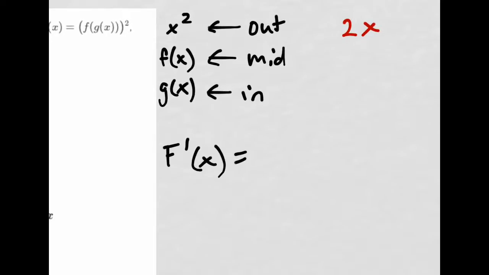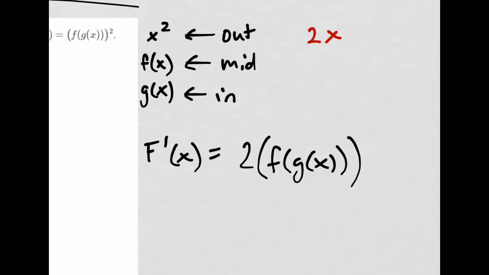But here, I'm moving the 2 down in front, and then the inside is the same. Instead of having an x, I have f of g of x. There. And then to the 1 power, right? So that's the derivative of the outside with the inside the same, times the derivative of the inside.